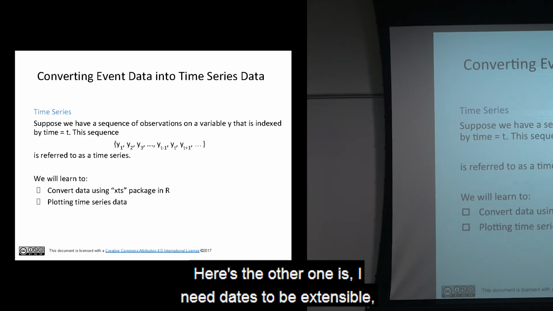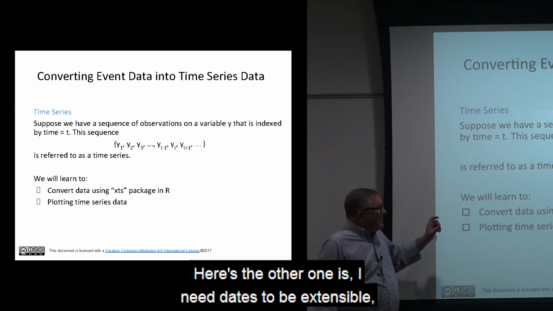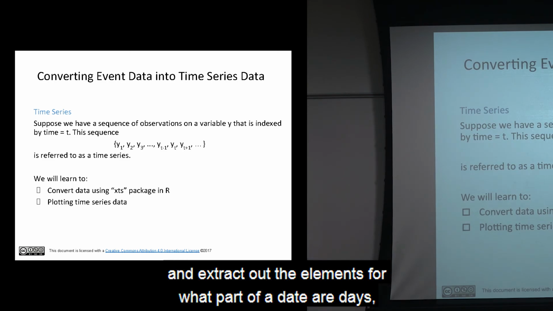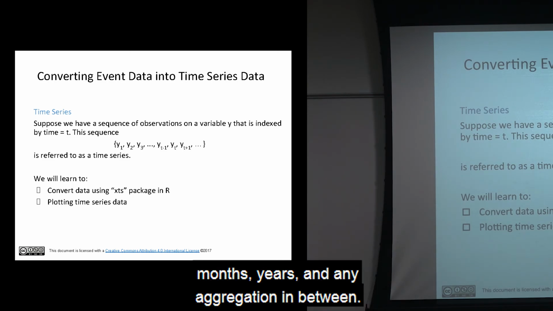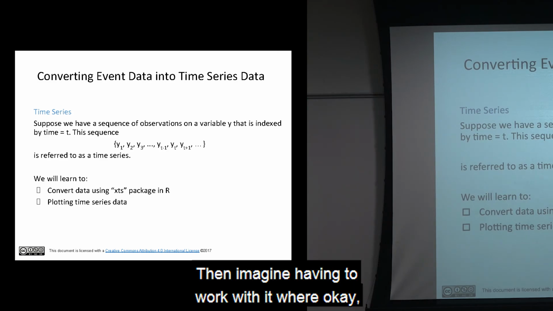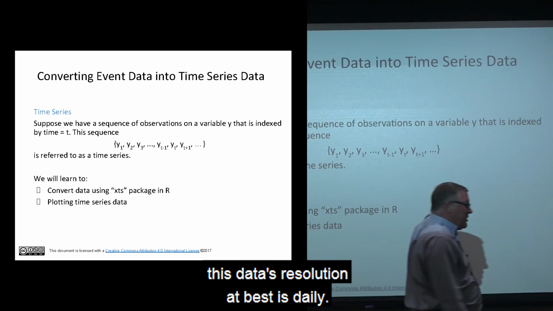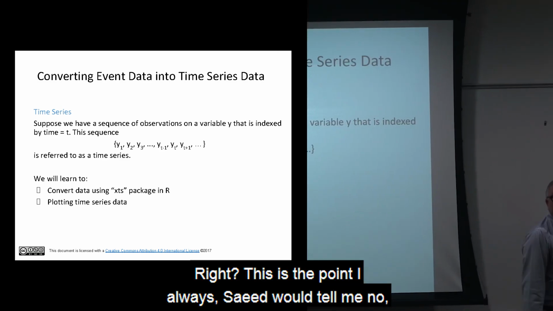The other is I need dates to be extensible, meaning I need to be able to easily go back and forth and extract the elements of a date, days, months, years, and any aggregation in between. Then imagine this data's resolution at best is daily.